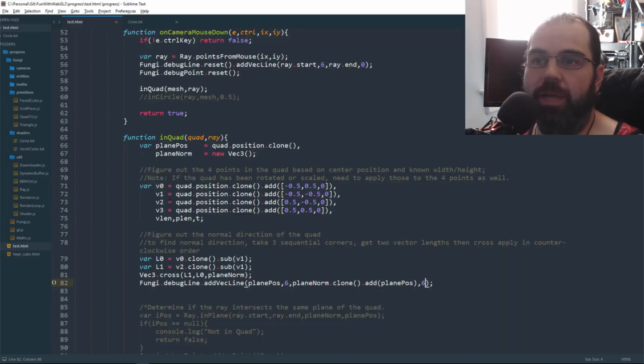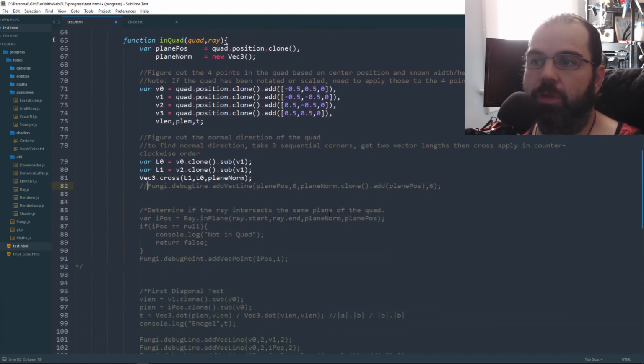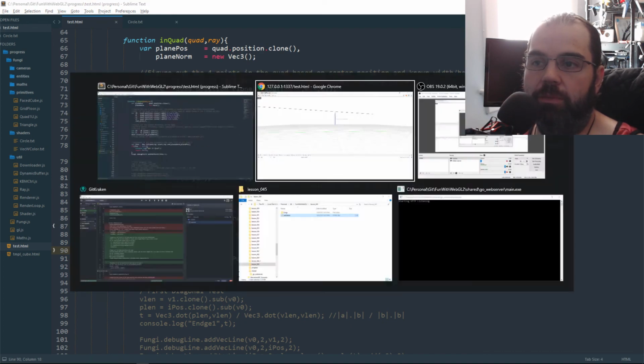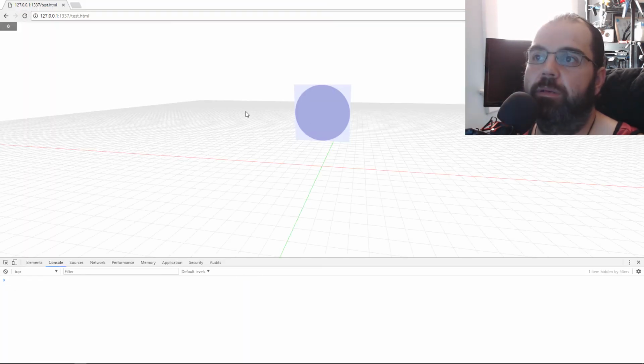So now that we have our plane position and we have our normal, comment this out because we don't even need to see the normals. We can then call the function that we did in the first lesson about intersections, how to intersect the plane. So we have that function that already exists, and we'll just, boom, there we go.